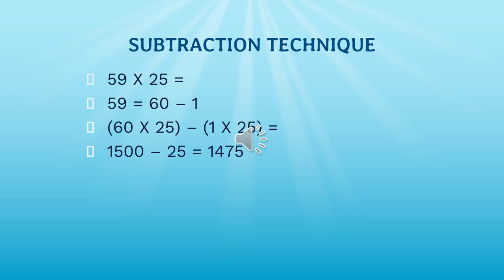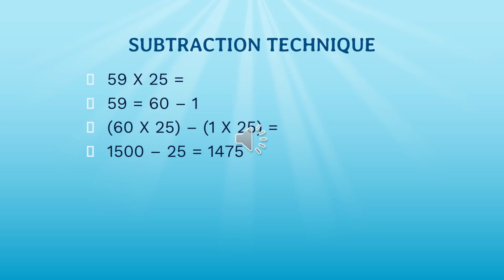So having that, I transform that into 60 minus 1, and distributing 25, that should be 60 times 25 minus 1 times 25. Getting the partial product, 60 times 25, that's 6 times 25, gives me 150, and I'll attach the 0.